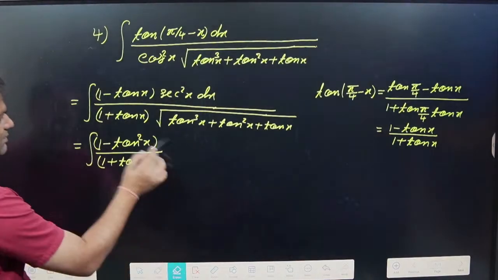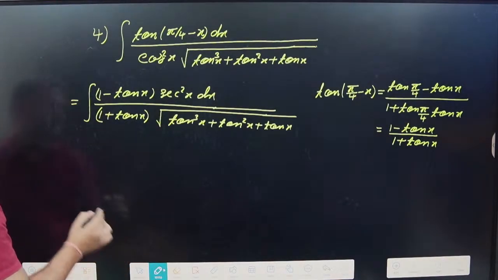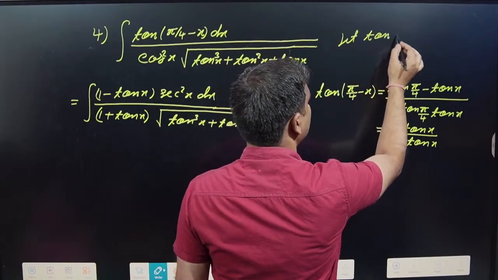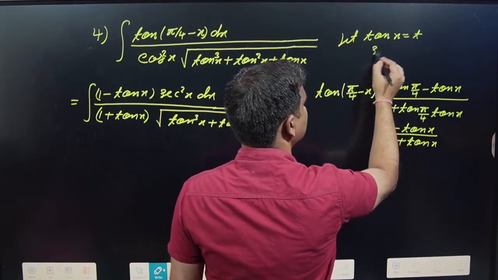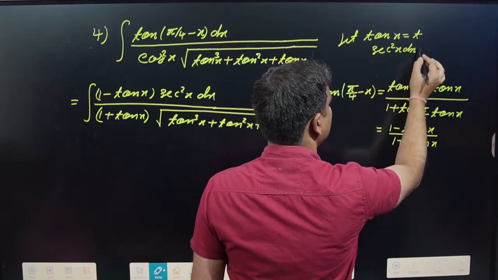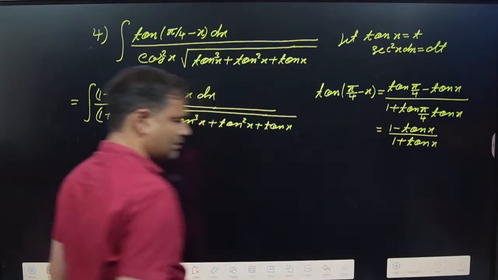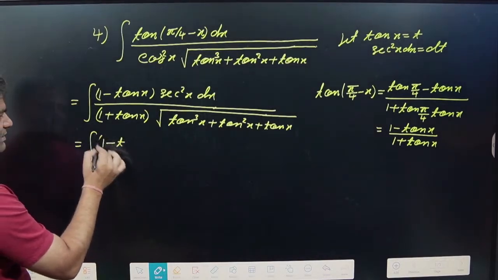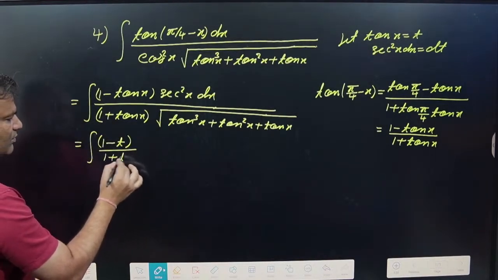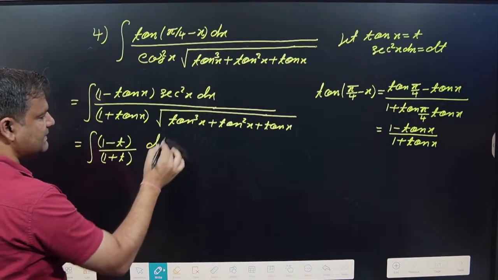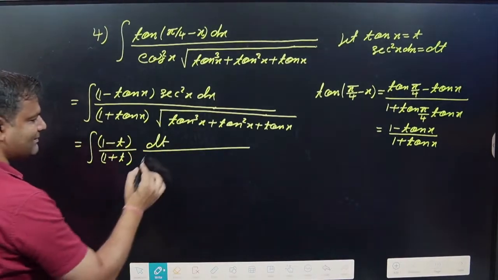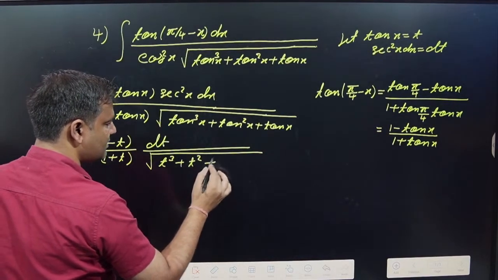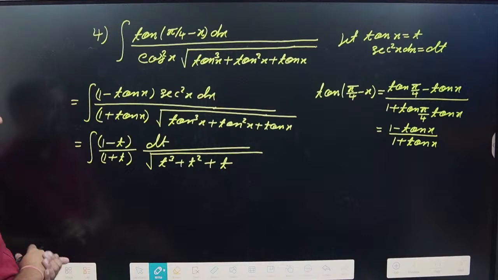Or in a very simple way, let tan x equal t, so sec square x dx equals dt. So here we get 1 minus t into 1 upon 1 plus t dt divided by under root t cube plus t square plus t. How can we solve this type of problem?